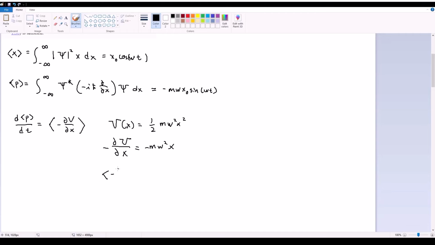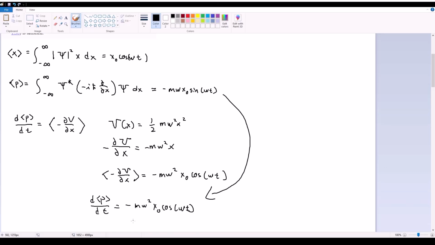So the expectation value of negative dV by dx is going to equal negative m omega squared times the expectation value of x, which is x naught cosine of omega t. And the derivative of p with respect to t is going to equal negative m omega squared x naught cosine of omega t, where I'm taking the derivative of this thing with respect to time to get this. These are indeed equal, therefore the Ehrenfest theorem is verified, and with that we are finished with this problem.